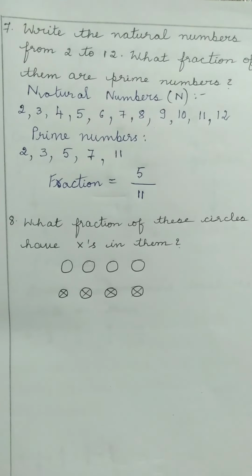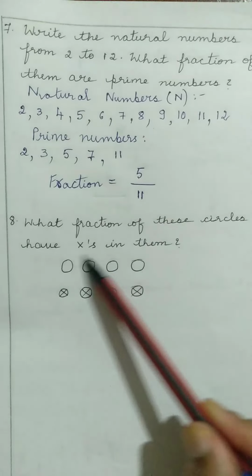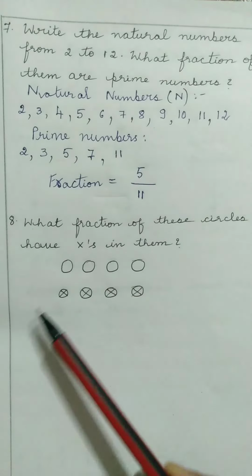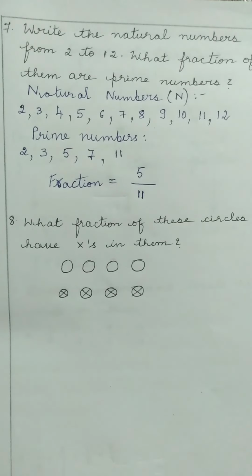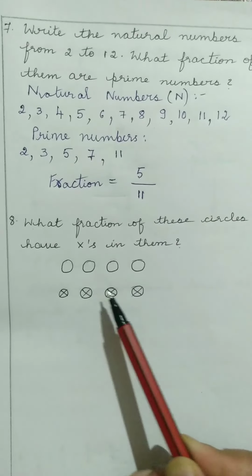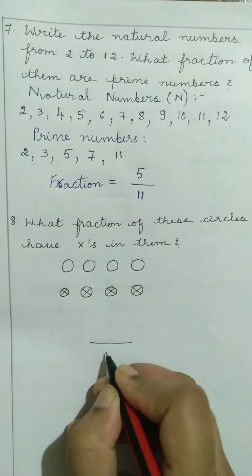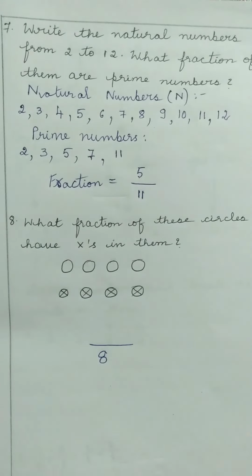Next question. What fraction of these circles have x in them? First, let us count how many circles are present. 1, 2, 3, 4, 5, 6, 7, 8. Therefore, there are 8 circles present.